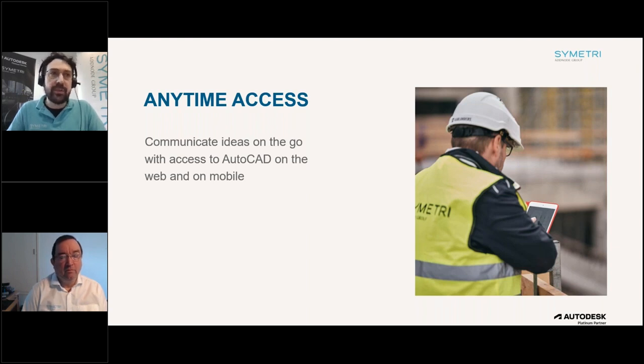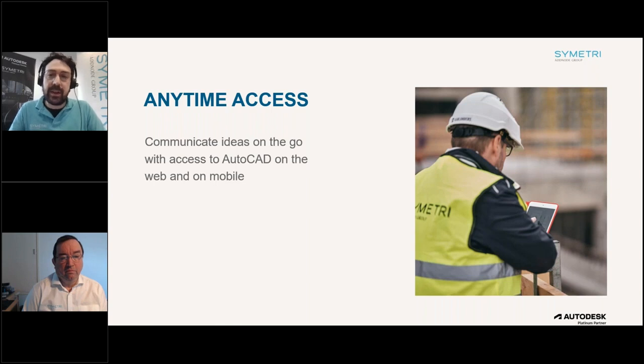For example, if you want to check dimensions, or if you want to check something that corresponds to reality just from a drawing, you can open AutoCAD from your tablet and check that on your tablet on the go.